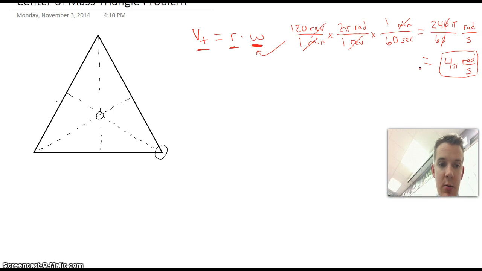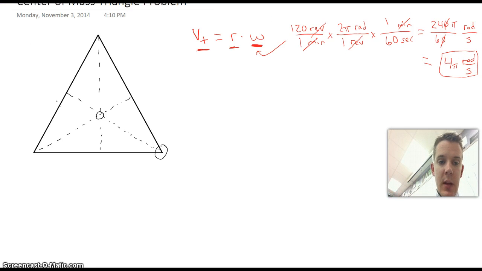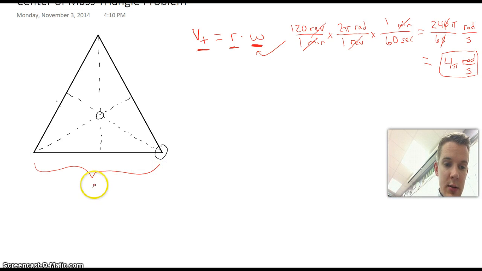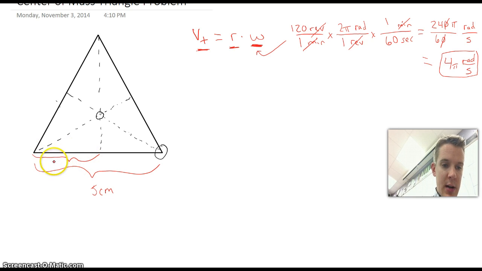The radius. Well, I've got some information. They tell me that this side here is 5 centimeters. So what else can I do here? That means this is 2.5. And what else do I know?